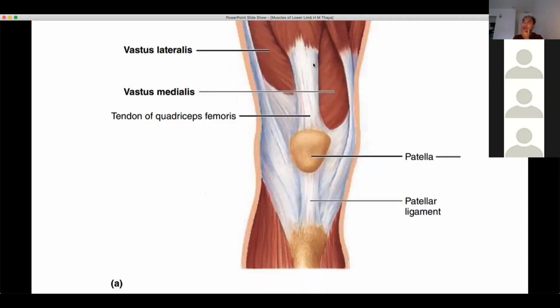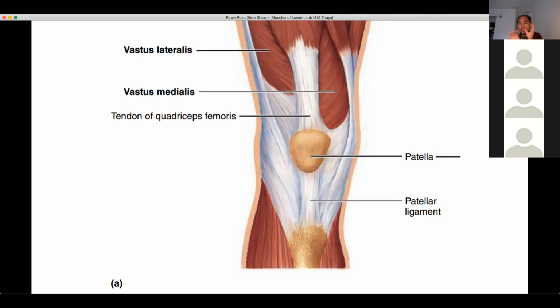Okay, finally, this quadriceps will come and attach to the patella, and patella will continue as the patellar ligament. What is the difference between a tendon and a ligament? They are all connective tissue.